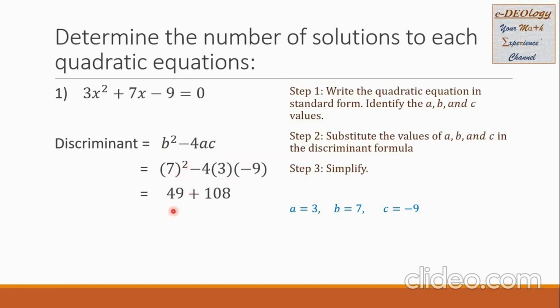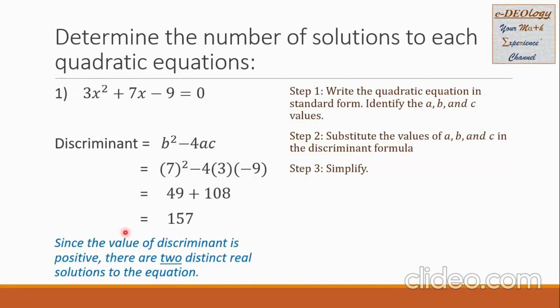The 7 squared is 49 minus the product of 4 and 3 and negative 9. So the answer is positive 108. Then 49 plus 108 is 157, and this is a positive number. Since the value of the discriminant is positive, there are two distinct real solutions to the equation.